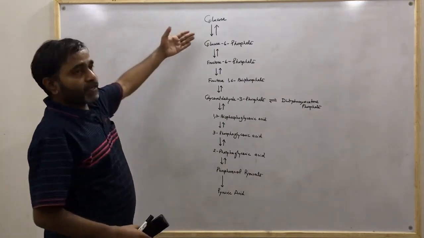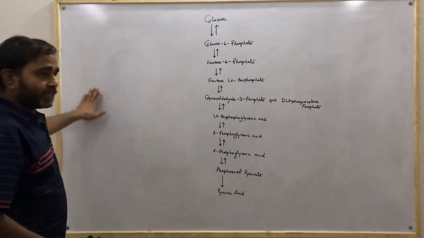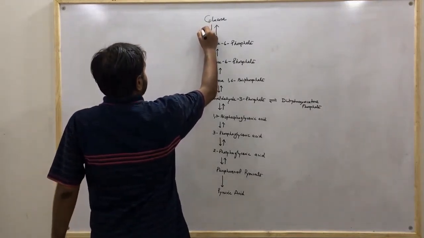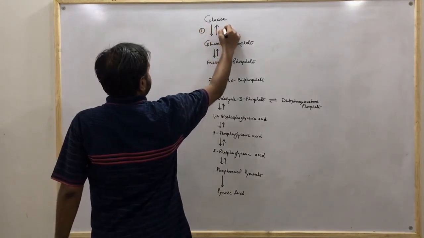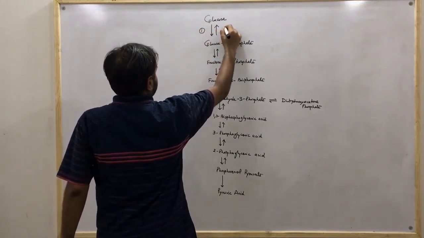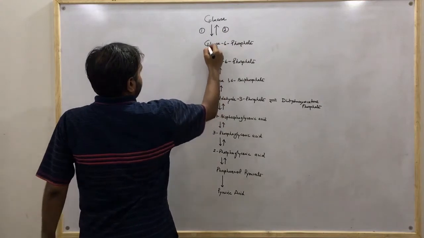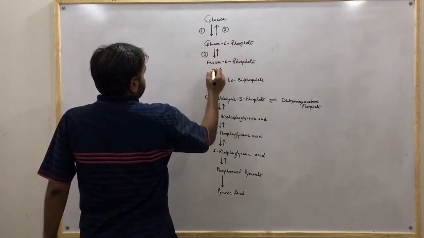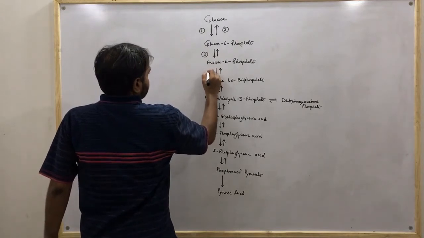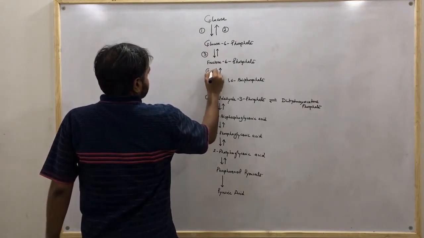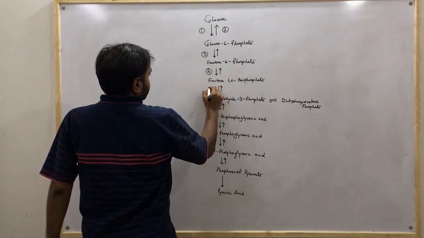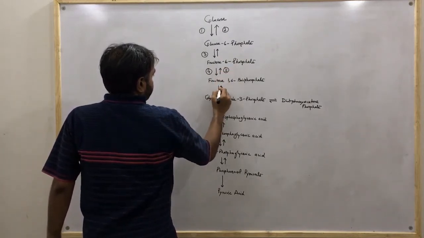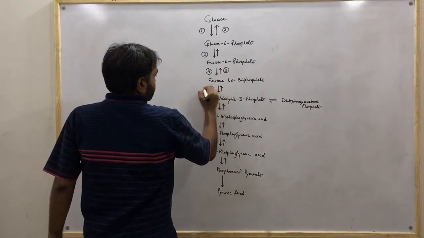And first I will give the number, then I will write clearly the name of the enzymes over here. So 1 hexokinase, and here will be the phosphatase enzyme, and likewise which enzyme will be here? It will be given as 3rd, likewise 4th, and here we will write the 5th enzyme, and here we may write 6th.